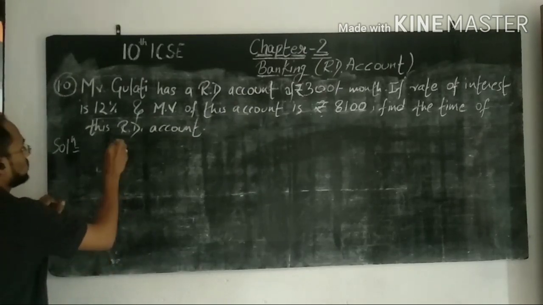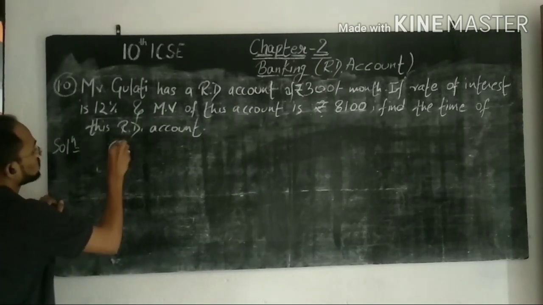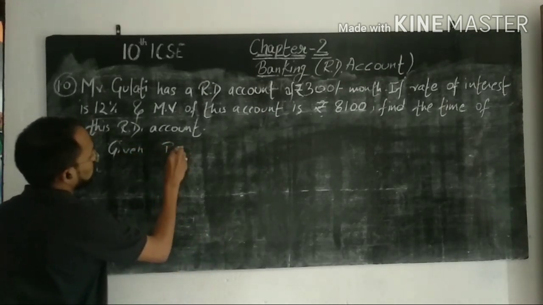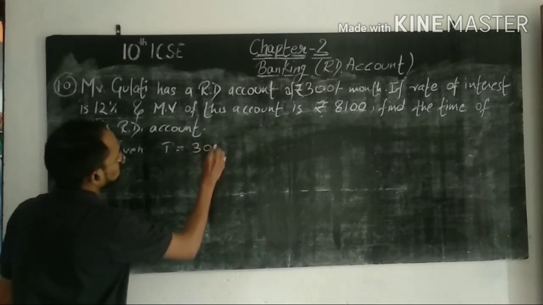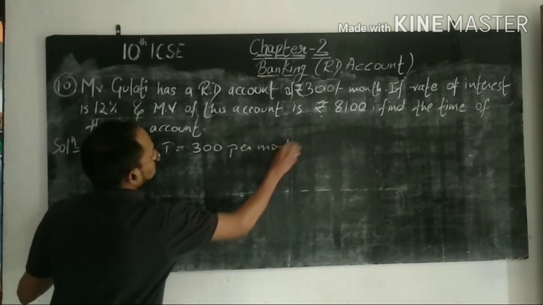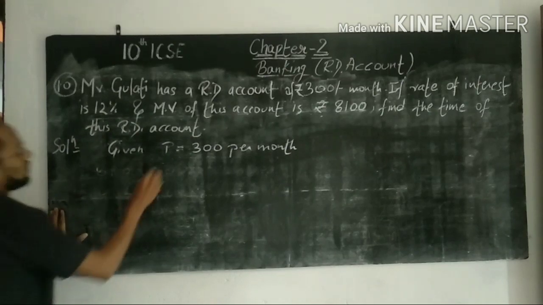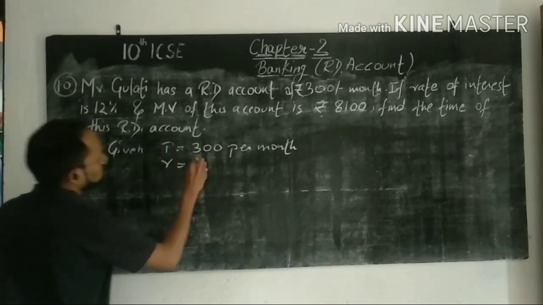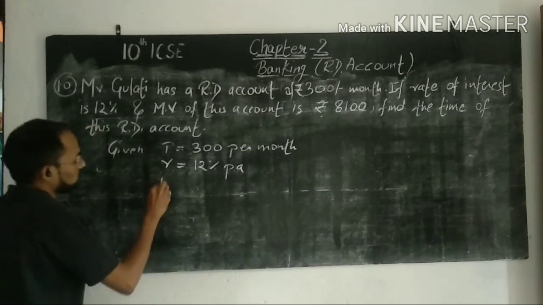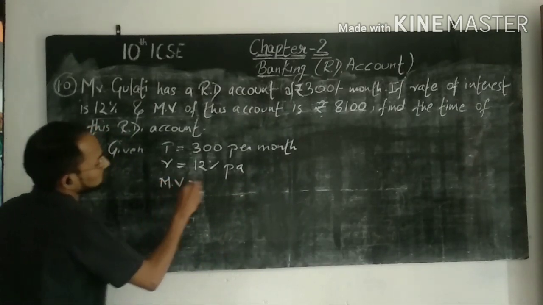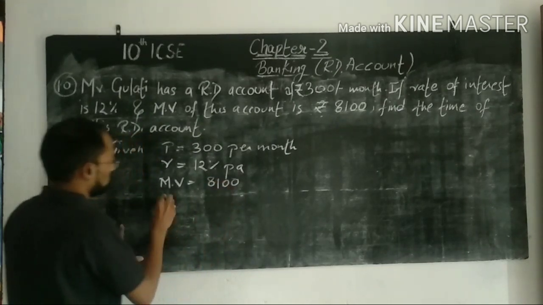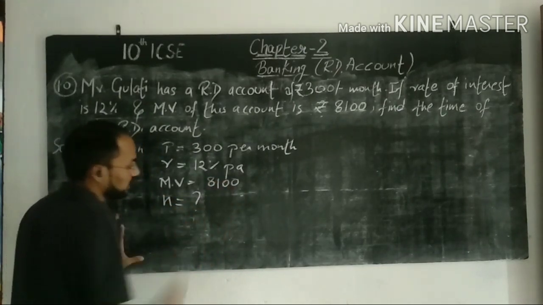So in this question we are given P, which is 300 per month, and the rate of interest is 12% per annum, and the maturity value is 8,100 rupees. Here we have to find n.